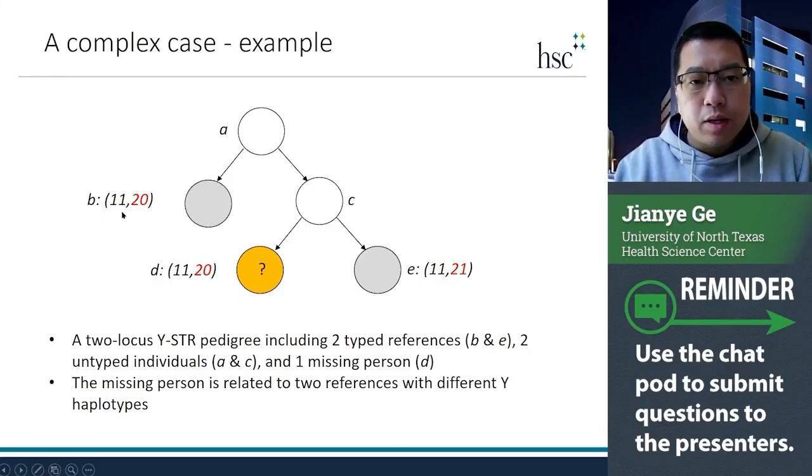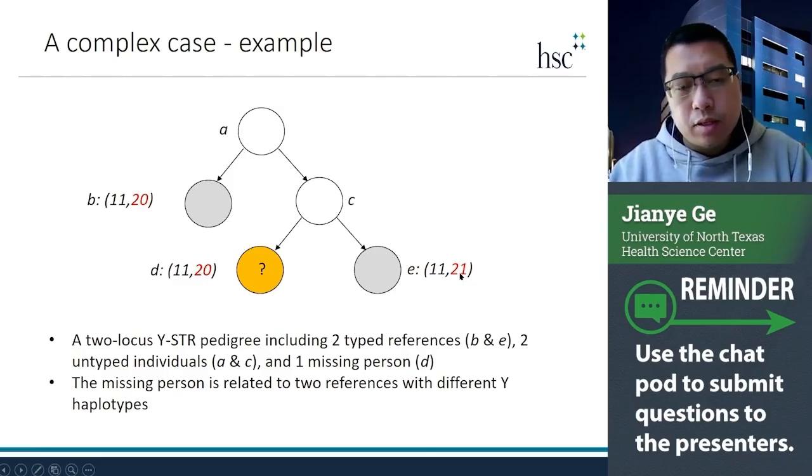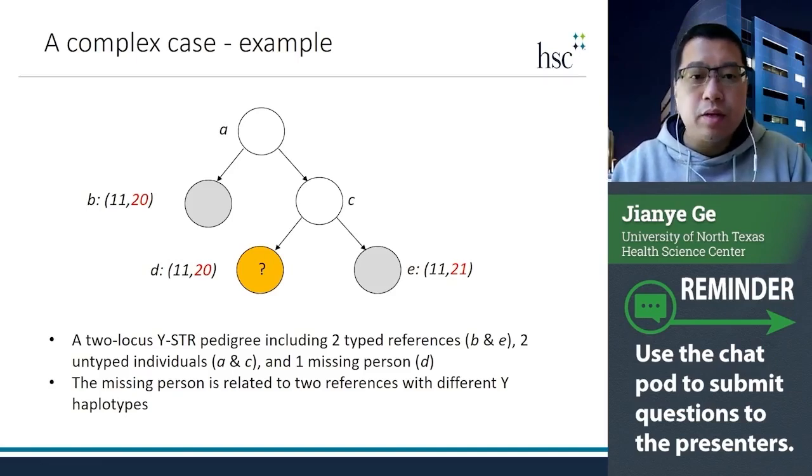For the first marker, all three individuals have 11, but for the second marker, the first reference B has allele 20, and the second reference has allele 21. So apparently some mutation may be involved in this case. This is a typical complex case with mutation, with missing data, and with multiple male references, and we still need to calculate the likelihood ratio.